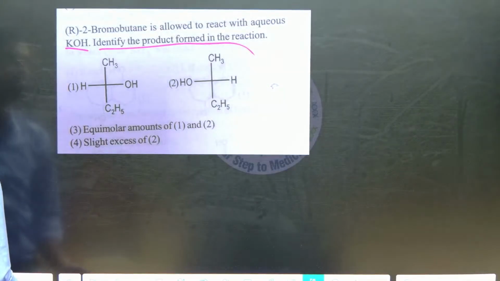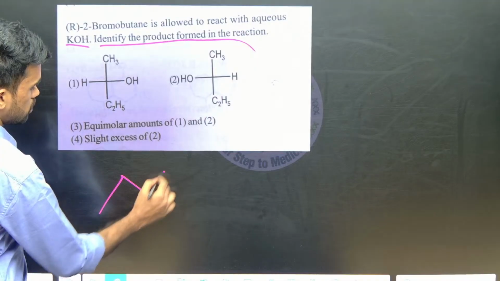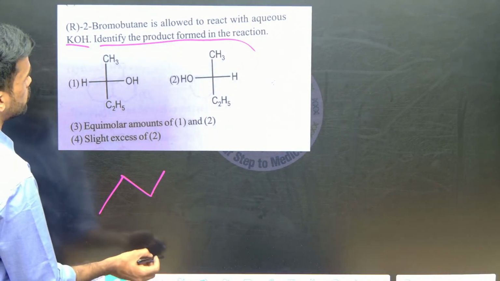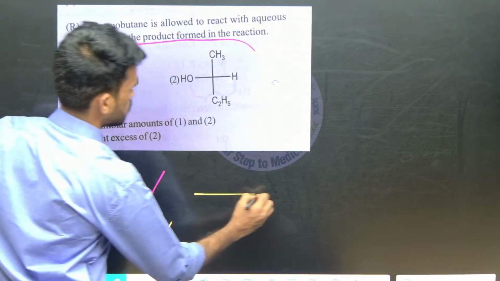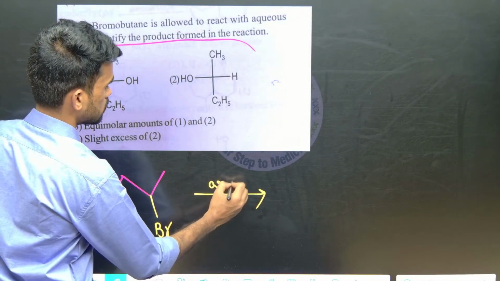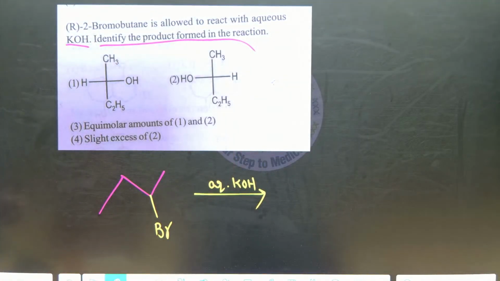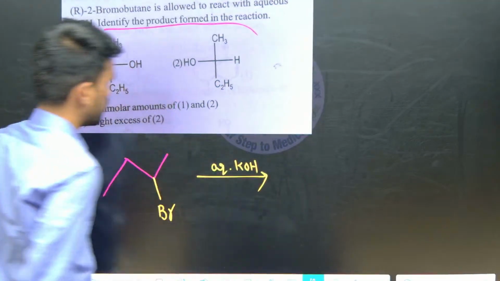So if I say R-2-bromobutane, this is bromo, butane, allowed to react with aqueous KOH. Identify the product formed in the reaction. So tell me how we can answer this question. Aqueous KOH it is. So tell me how can we do this?